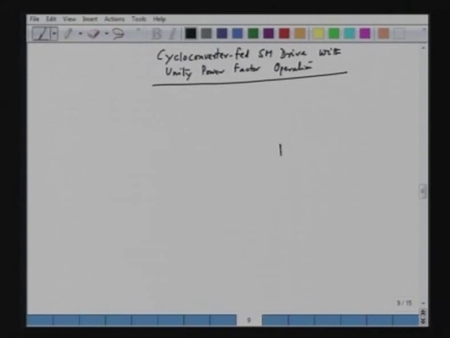These are the cyclo converter blocks. Each cyclo converter has two anti-parallel bridges, and we have isolation transformers here.